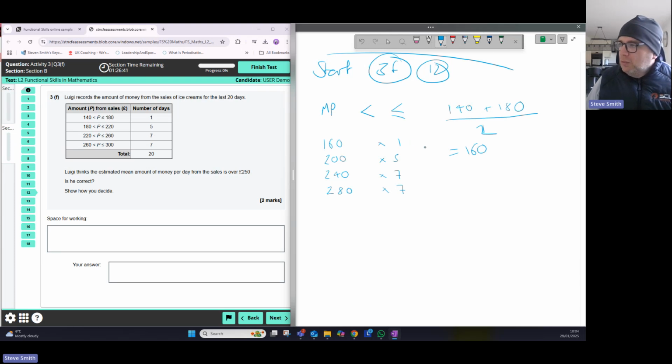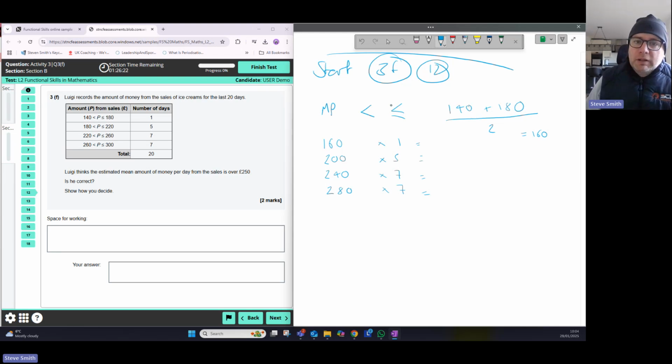I'm going to run out of space there, so let me move that over a little bit so I can see where we got that number from. So we got the midpoint, we times it by the number of, like you would on a normal mean. We've now got a total in a second when we've added up all our midpoints.